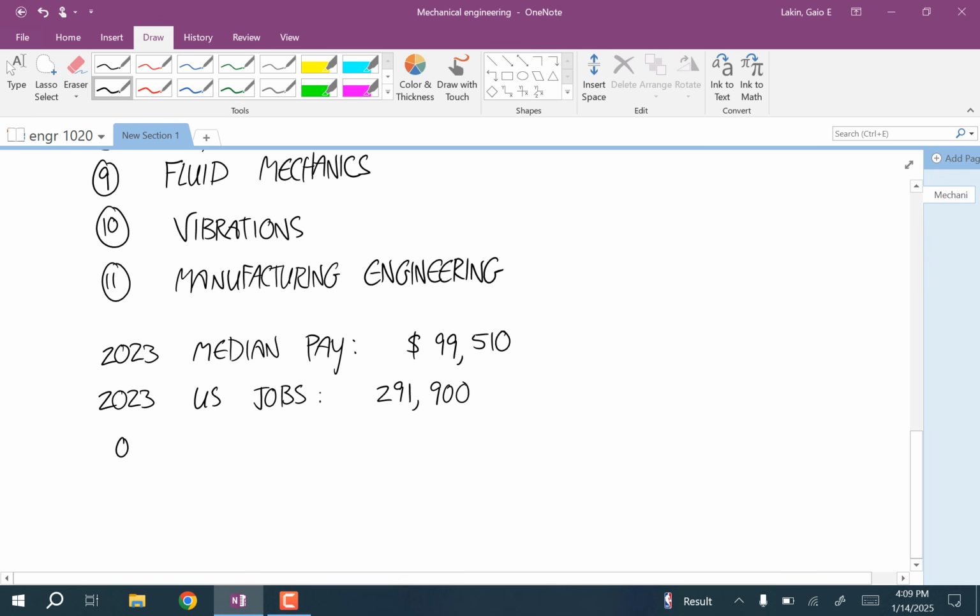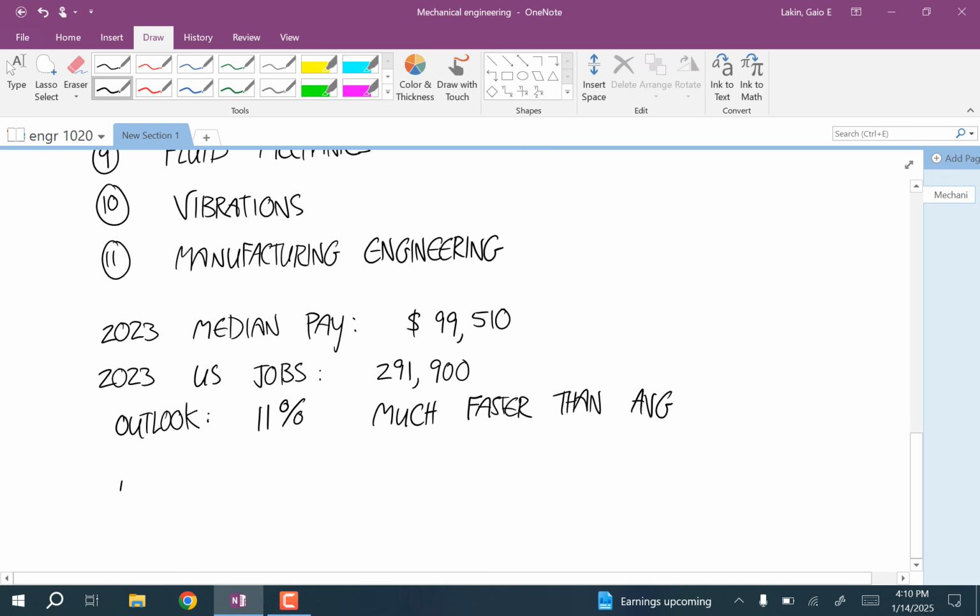And the future outlook for mechanical engineers is that there's going to be a lot of growth in this area. 11% growth is expected, which is much faster than the average growth over all industries, not just engineering, but all industries. One thing you're going to see is that generally for engineering jobs, more growth is expected than in other areas. So much faster than average for mechanical engineers.